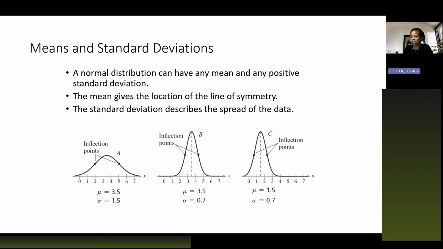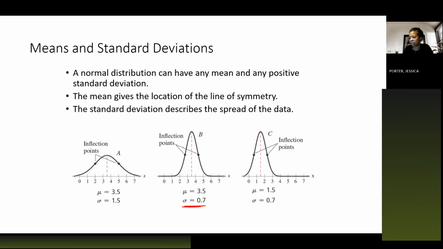And then we see when my standard deviation gets smaller, my normal curve gets skinnier. Its inflection points are 0.7 away from 3.5.